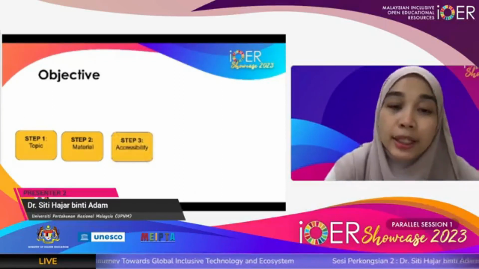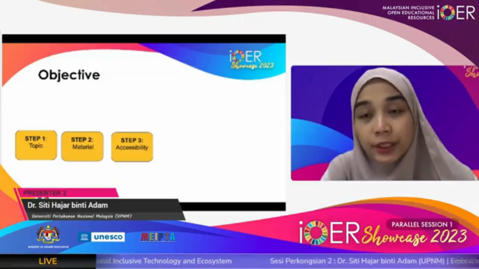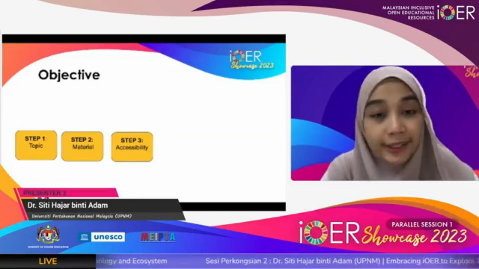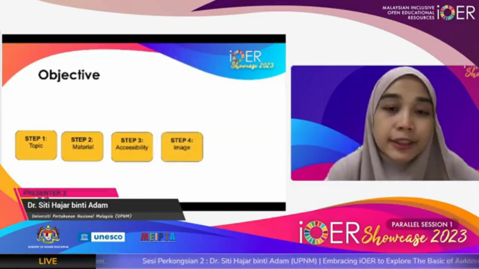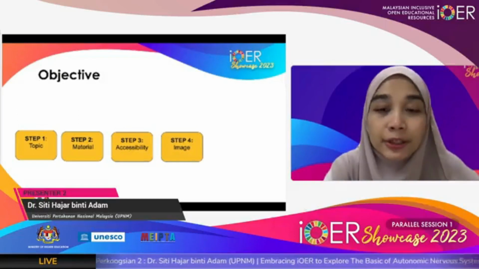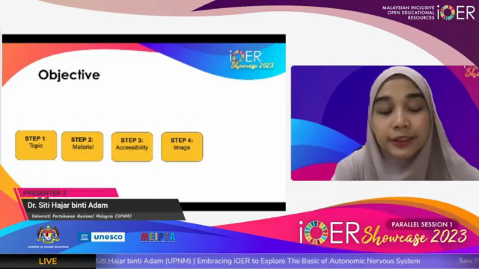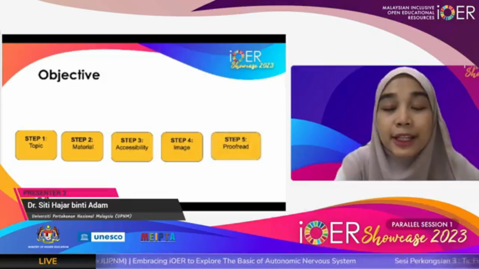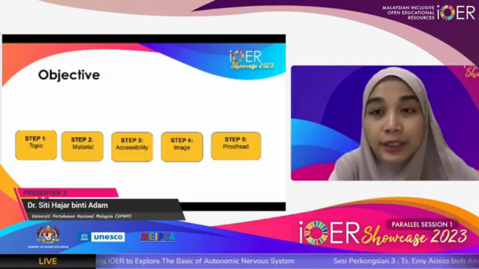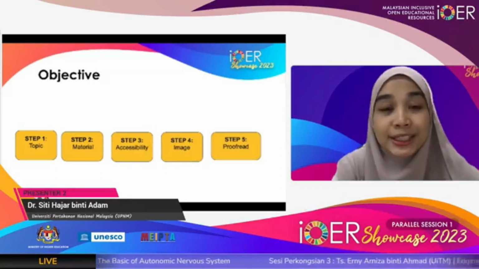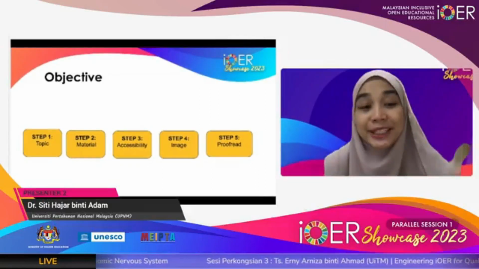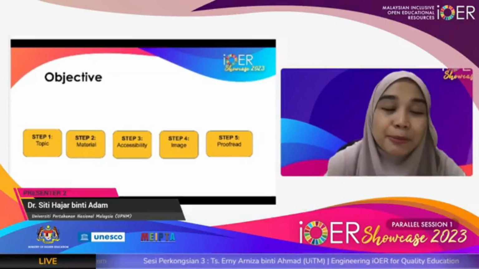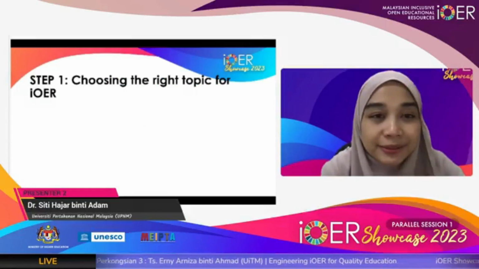The third, the most crucial part of inclusive OER, is accessibility. The fourth is all about the images or pictures. And the final step is to proofread whatever I have prepared. I want to remind you this is from a beginner's point of view, because this is my first time preparing this iOER material.